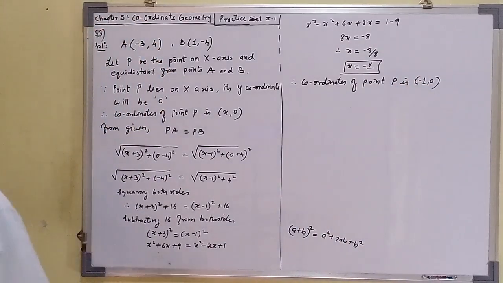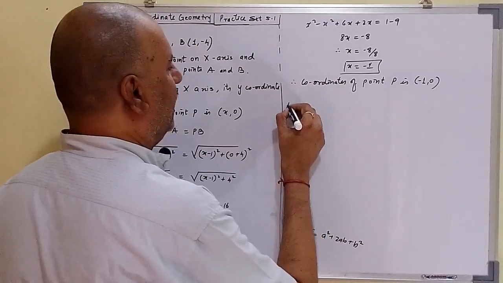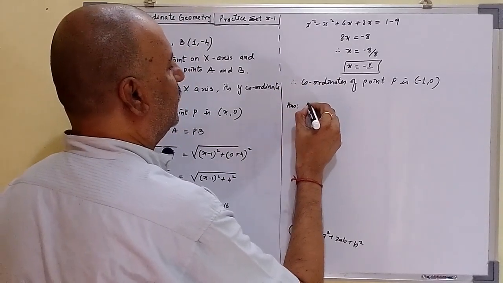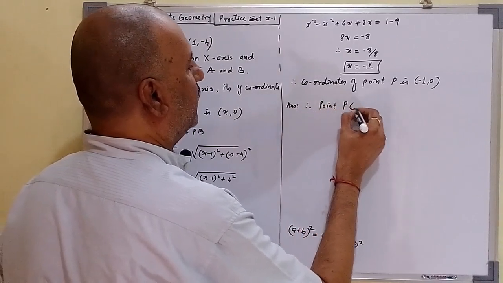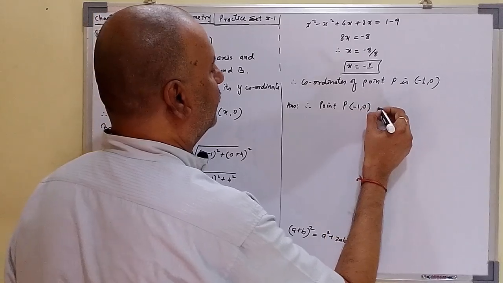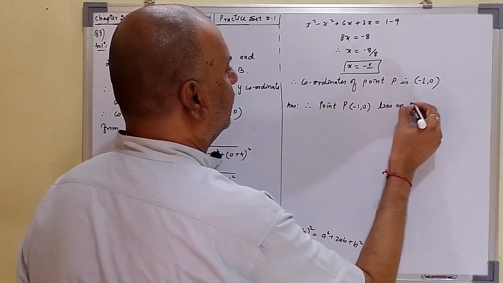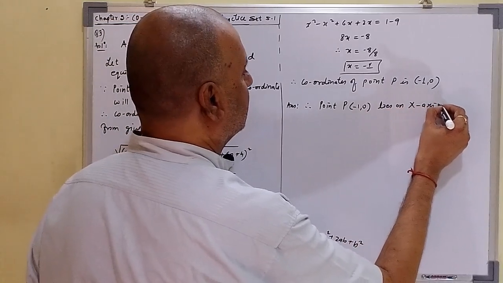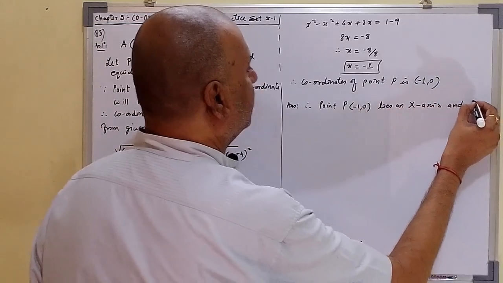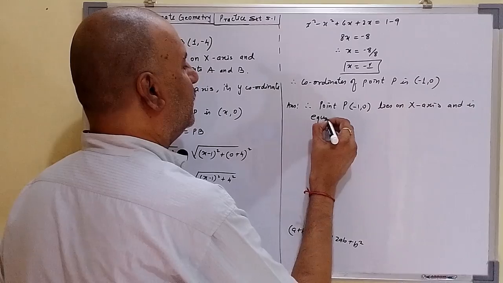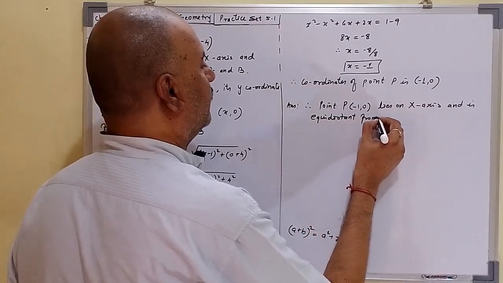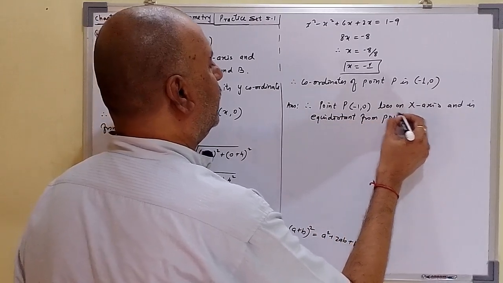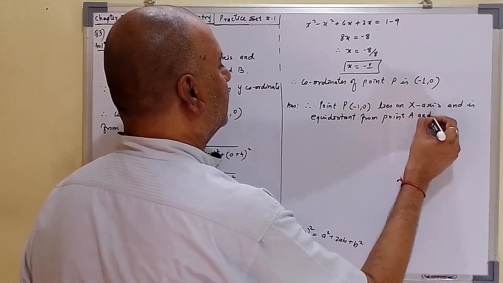What have they asked? Find the point. This we have found. Answer: therefore point P (-1, 0) lies on x-axis and is equidistant from point A and B.